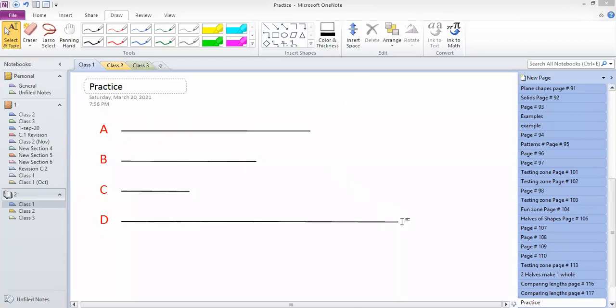Take out the notebook and write the question. The question is, look at the above lines and fill in the boxes.